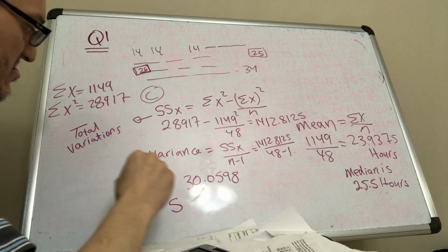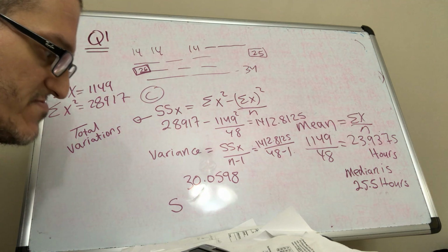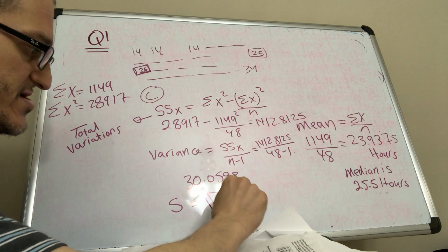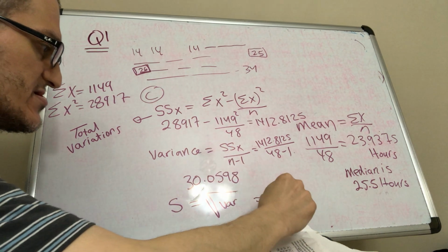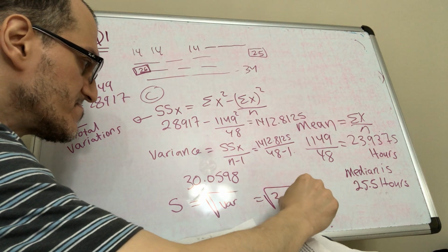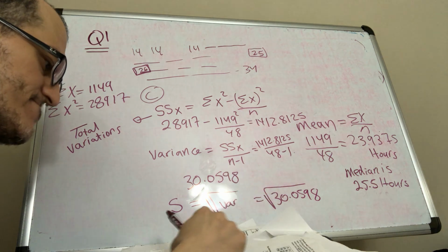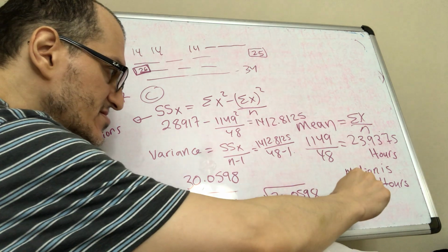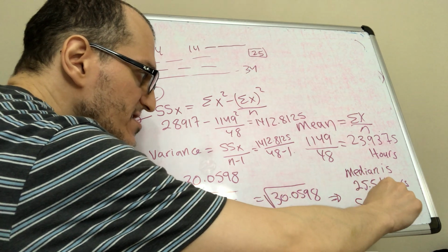Then standard deviation, which is what the question is asking for, S, would be the square root of variance. So you square root this number, and that gives you your standard deviation. I'll add it here.